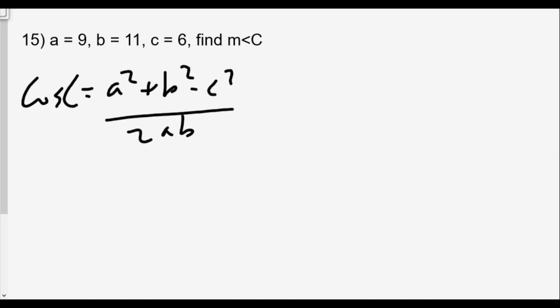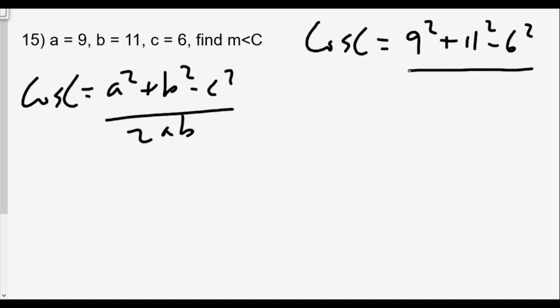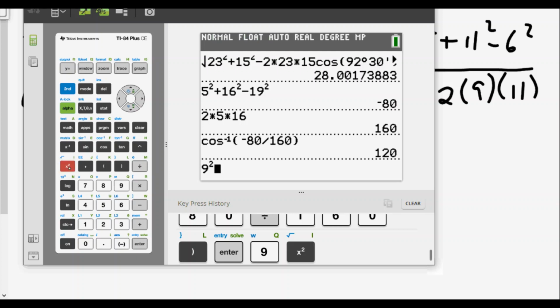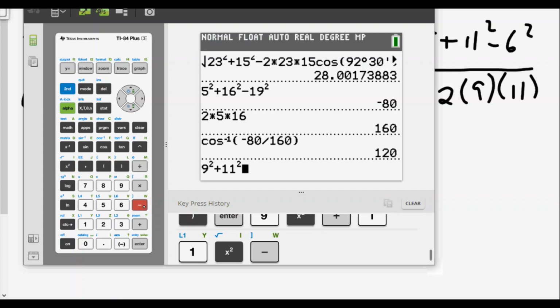We'll plug in: cosine of C is equal to 9 squared plus 11 squared minus 6 squared, all over 2 times 9 times 11. And yeah, we're going to use our calculator again. So we take 9 squared plus 11 squared and subtract 6 squared from that.